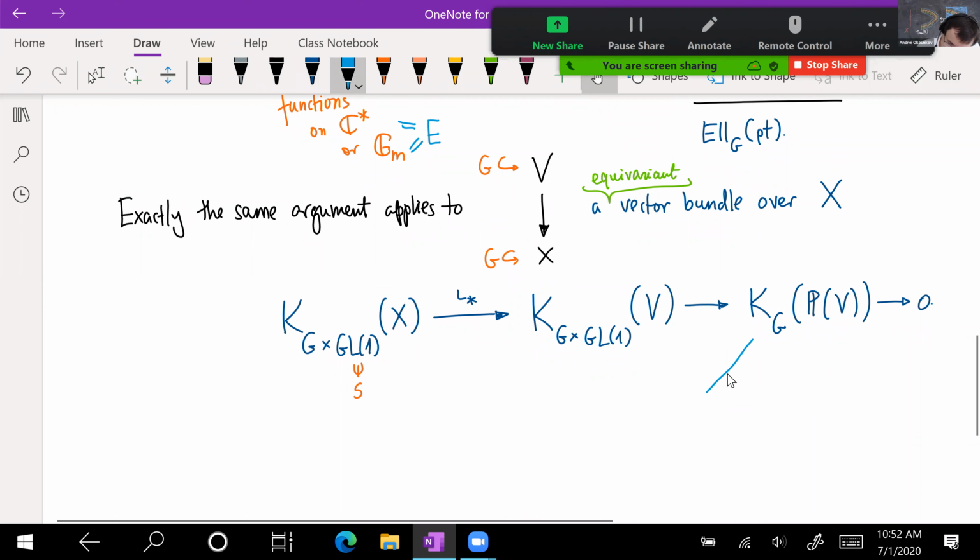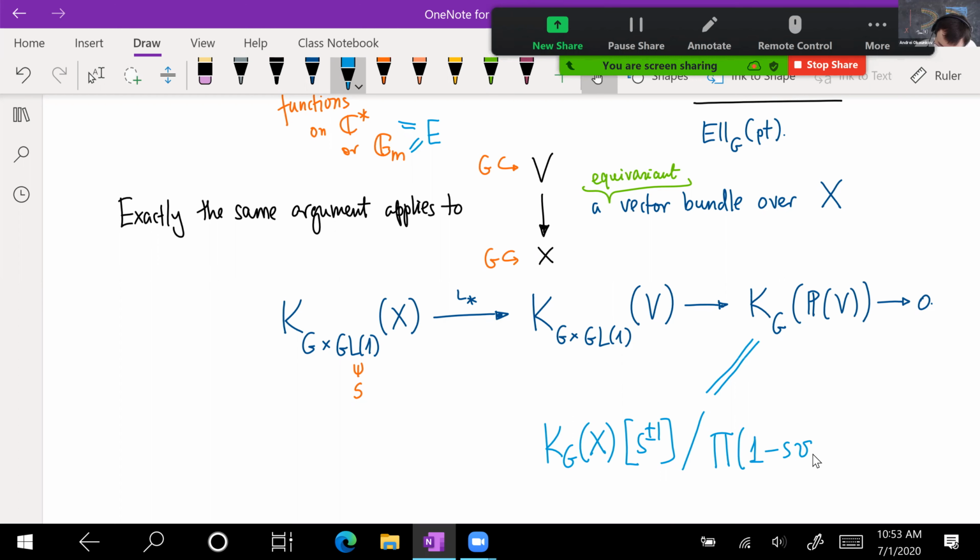You take the equivariant K theory of X, you add one more variable S, and you mod out by the relation that the product of 1 minus S times VI equals 0, where these are the Chern roots.